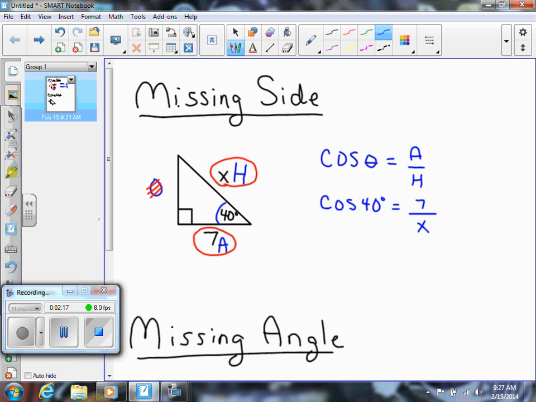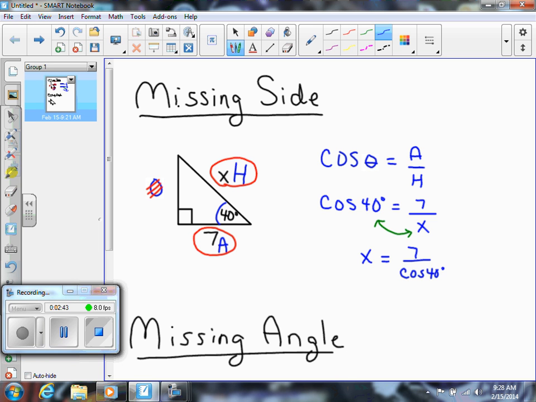So what we're going to do is we're allowed to actually switch these two positions. So I'm going to rewrite my formula with X on the left. 7 remains in the numerator, and the cosine of 40, not just 40, but the cosine of 40 degrees goes in the denominator.